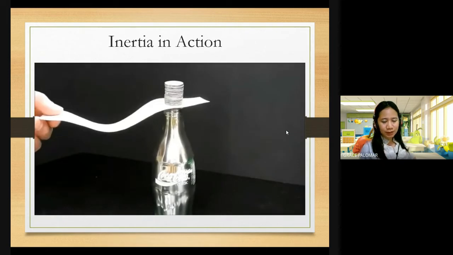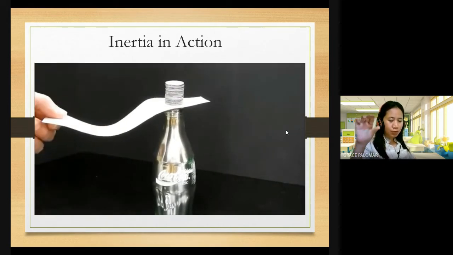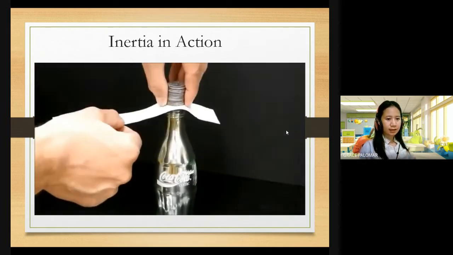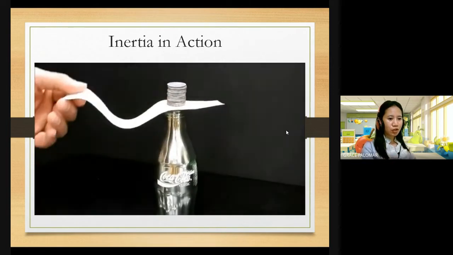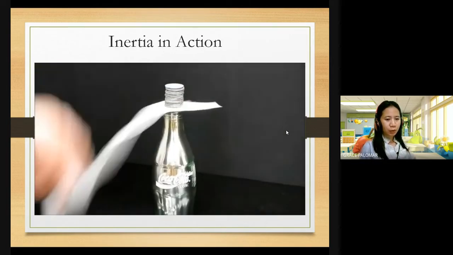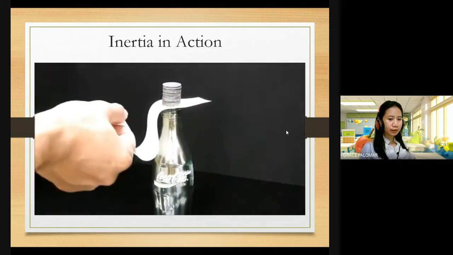So, as you notice, because of inertia, the penny or the coin continues to be at the top of the bottle because it is at its state of rest. Even though you try to flip the strip of paper, it will continue at rest. So again, it would entail a technique.